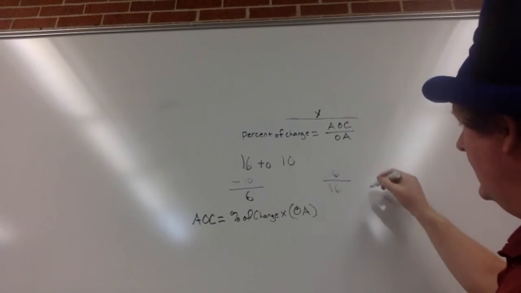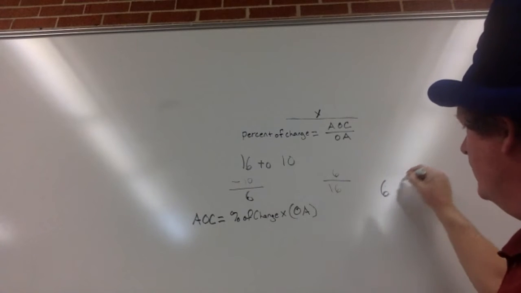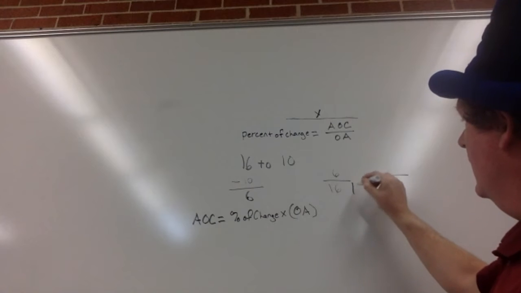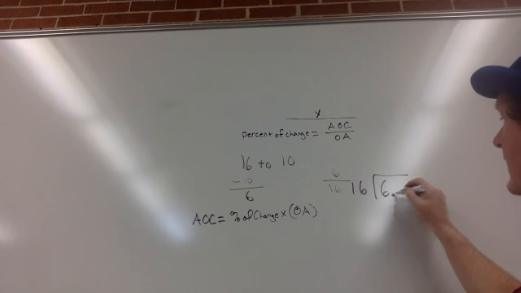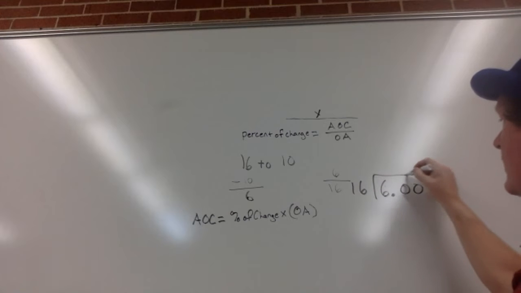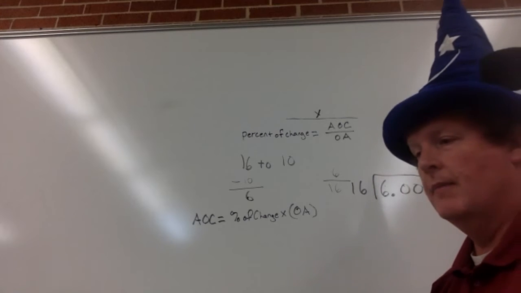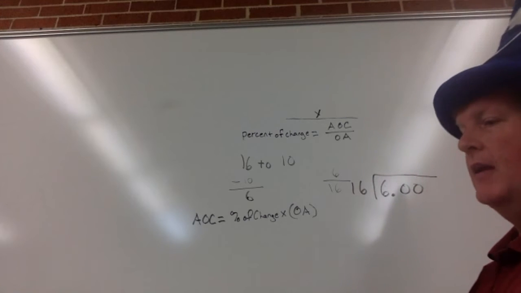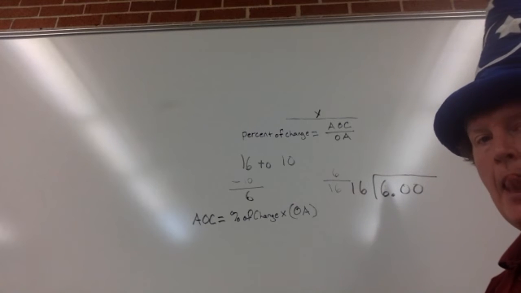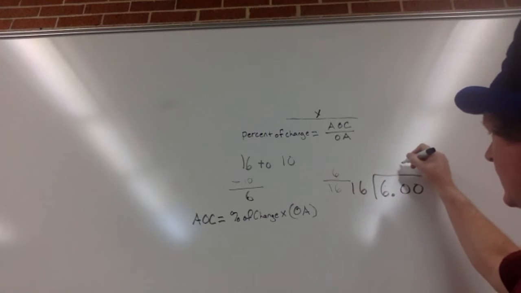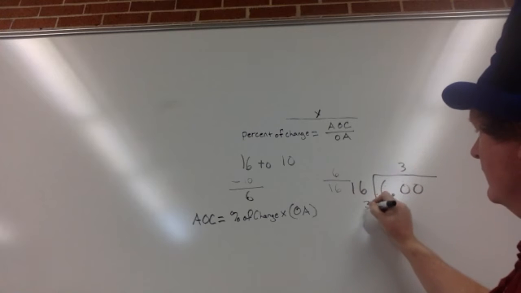So then we take the top number, put it in the box, and the bottom number on the outside. Add a decimal and add zeros. Okay. Now we got to think, how many times does 16 go into 60? We're going to guess 3 times.